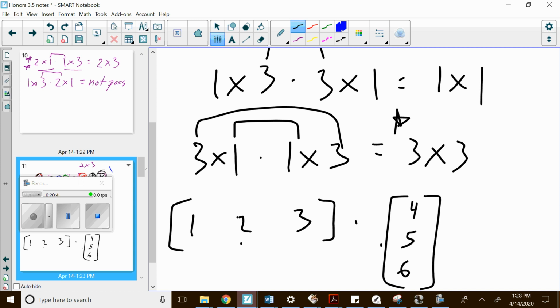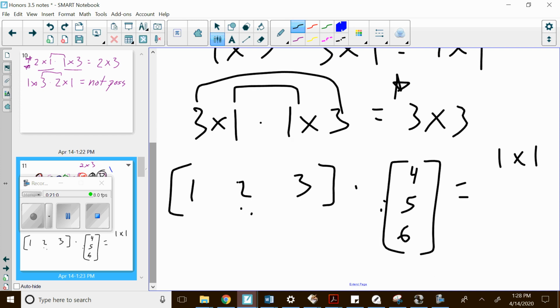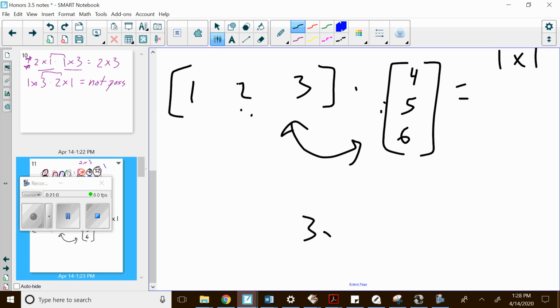Make this the left one and this the right one. And watch what happens to your result. The way it's set up right now, you'll get a 1 by 1. If you switch their spots, you'll arrive at a 3 by 3 when you multiply them together. So pretty cool how that works.